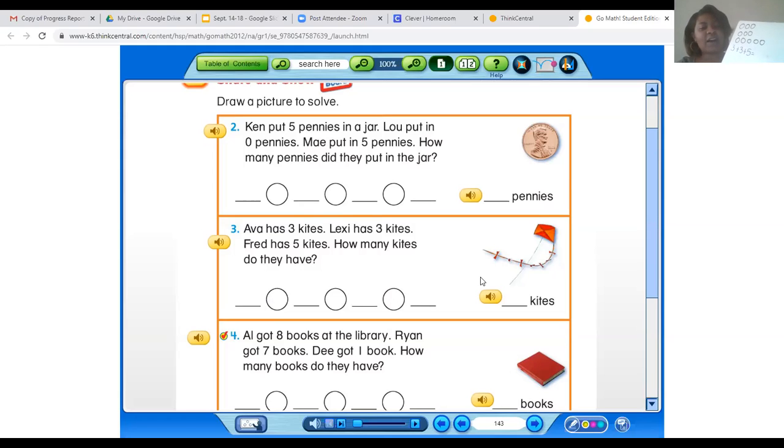So we have to figure out how many kites. So 3 plus 3, 1, 2, 3, 4, 5, that's 6, 7, 8, 9, 10, 11. So they have a total of 11 kites. I'm going to put 11 here, and I'm also going to put it here. Okay? Let's look at number 4.